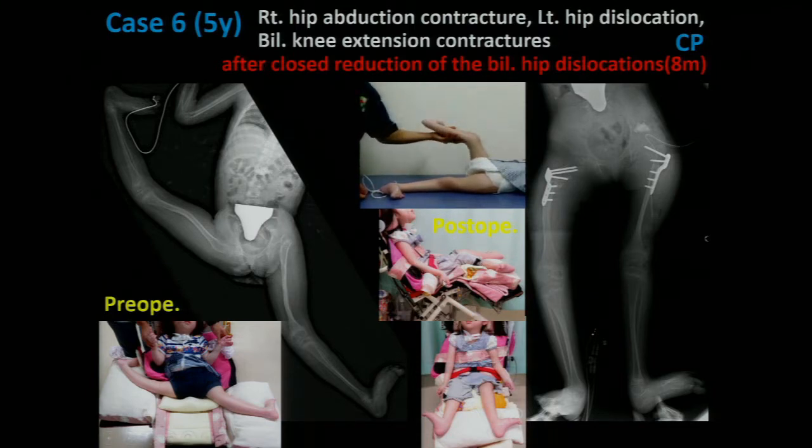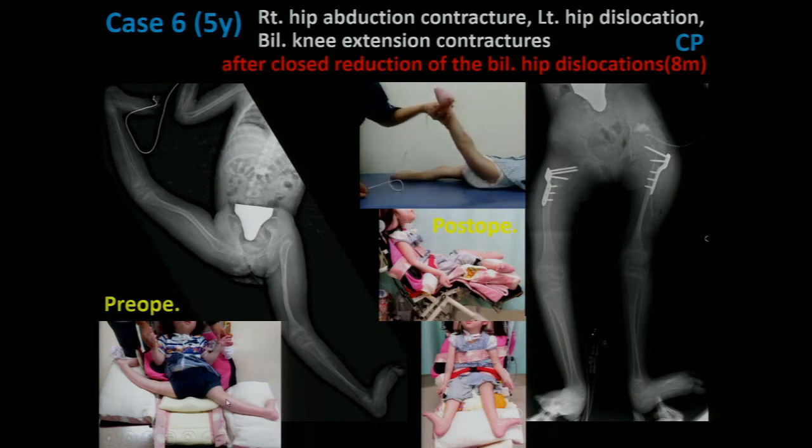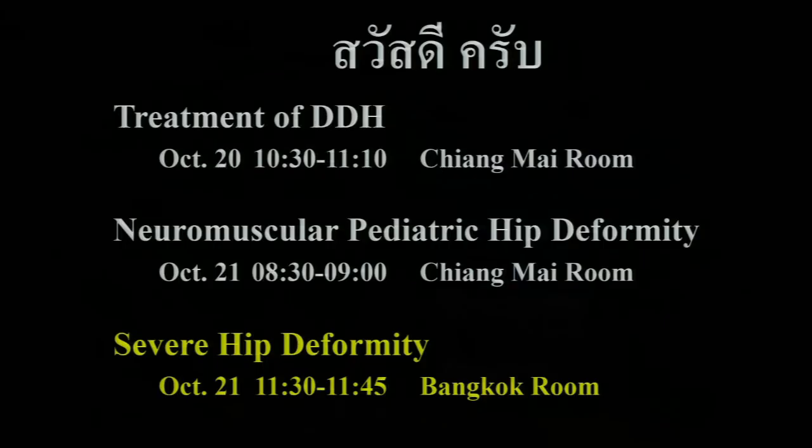So flexion is about 90 degrees. So we changed and removed the 2 floors of the wheelchair for this patient, and she can sit well. So after surgery, the alignment is much improved for this patient. Thank you for your attention.